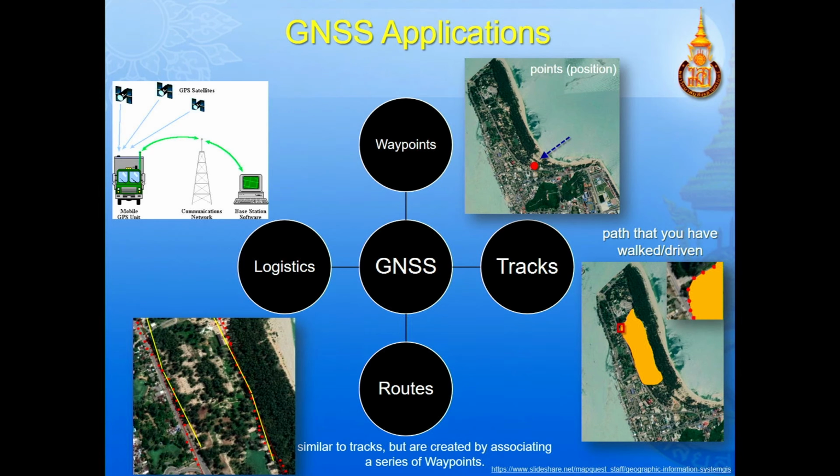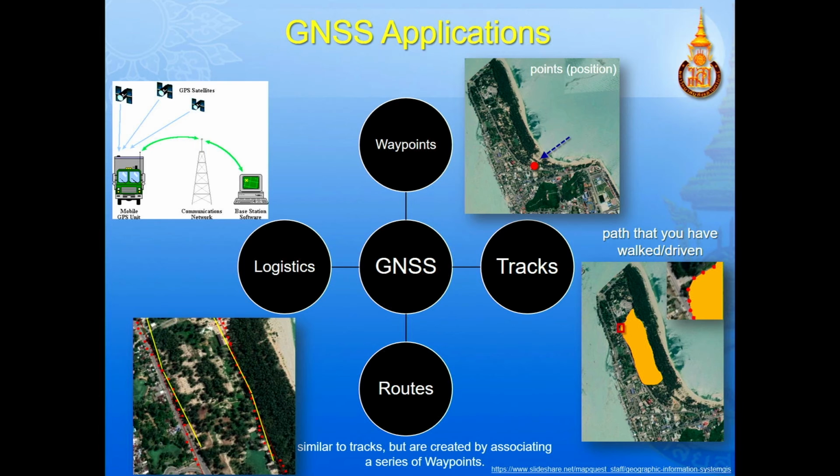About the GNSS application, you can do a waypoint. For example, you go on a field trip to do research, and you want to check something, let's say a school.